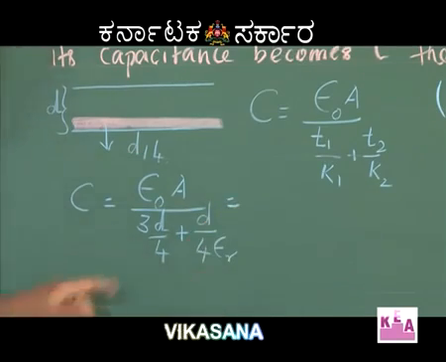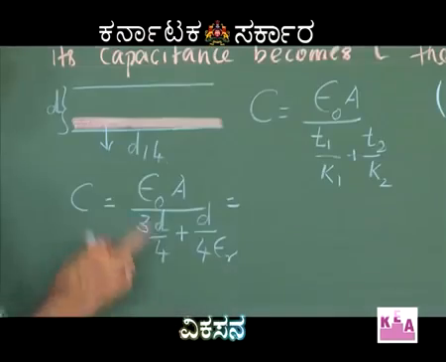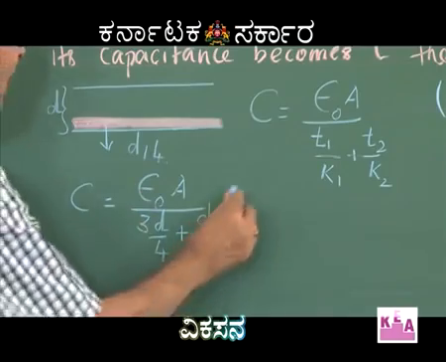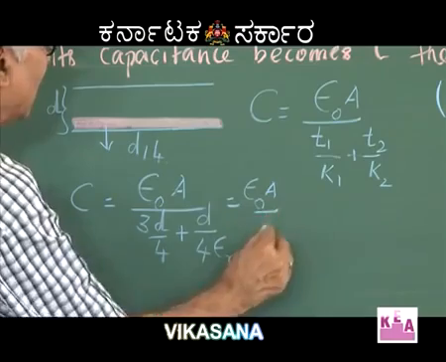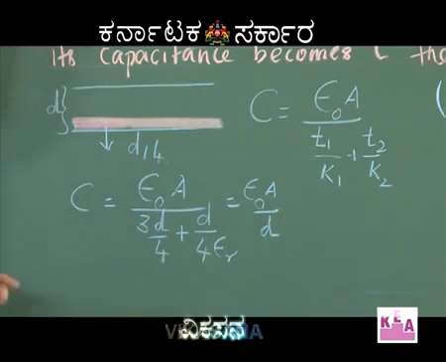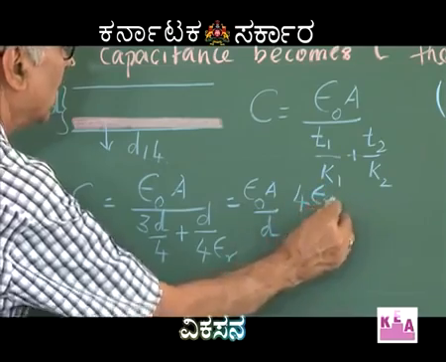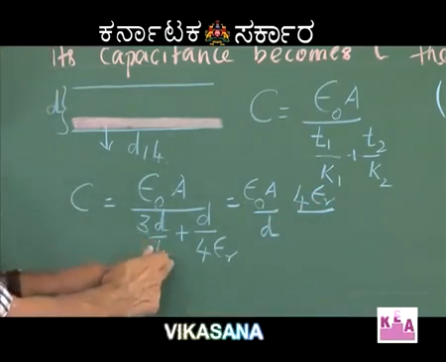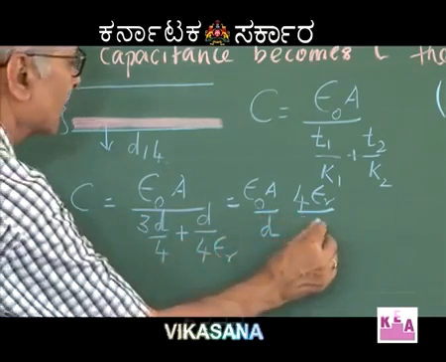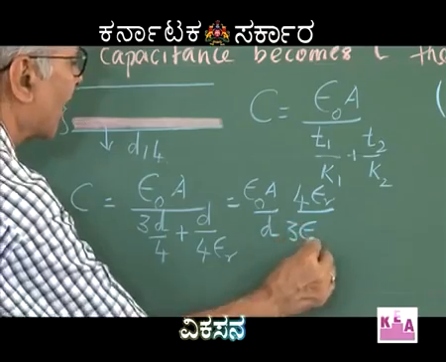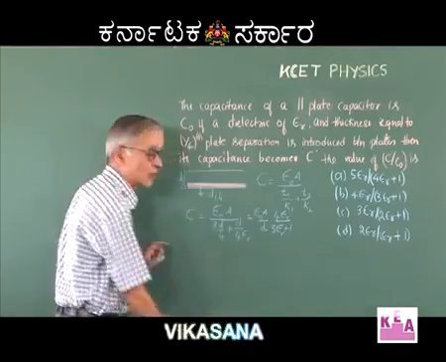Please note that 4 epsilon r will go to the numerator. If I take epsilon 0 A divided by D common, then 4 epsilon r will go to the numerator divided by, epsilon r would be the LCM, 3 into epsilon r is 3 epsilon r, plus 1.